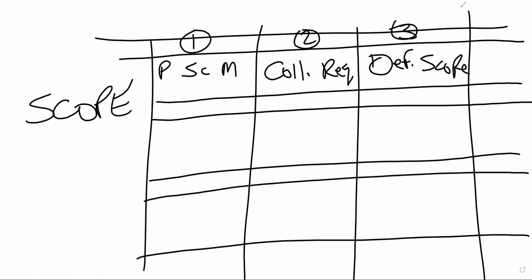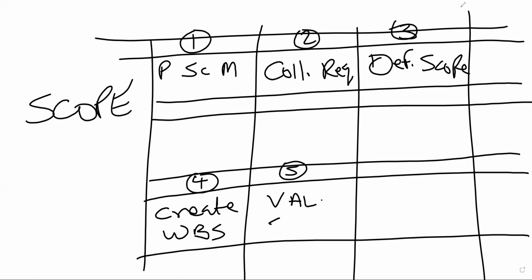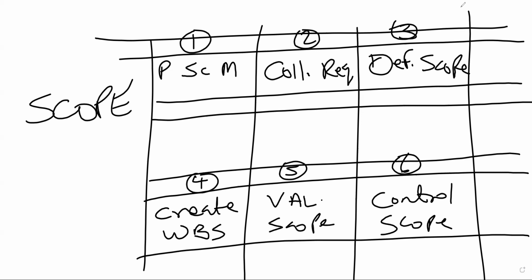What's process number 4? Create WBS. The WBS. Okay, what is process number 5? Validate scope. Good. And what's number 6? Control scope. Awesome.